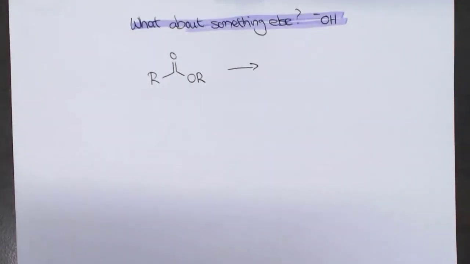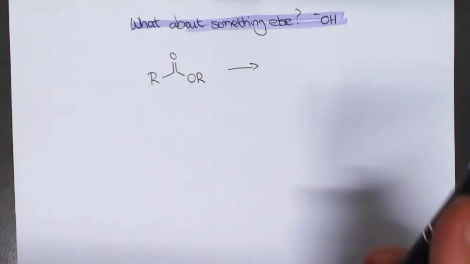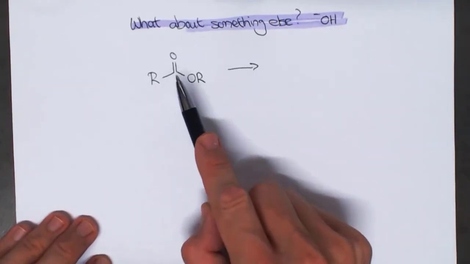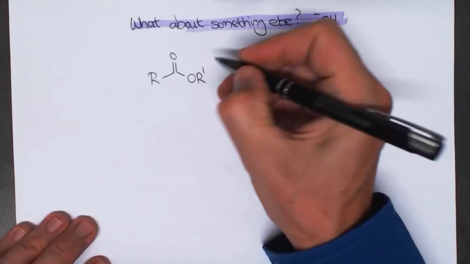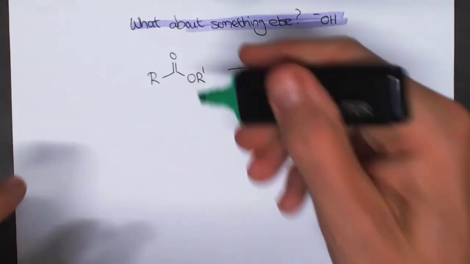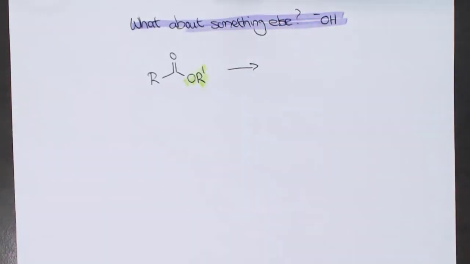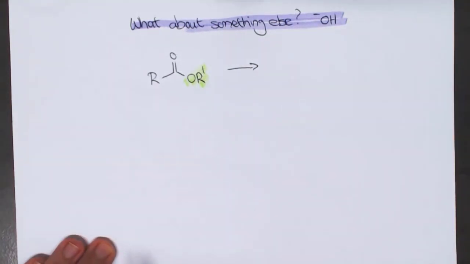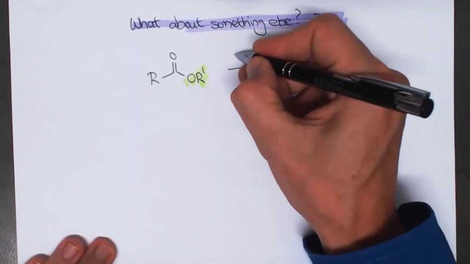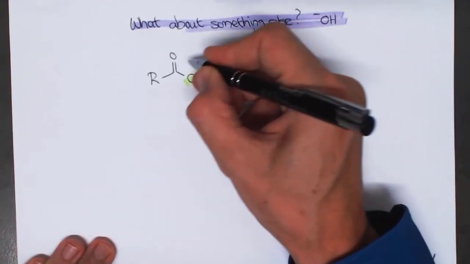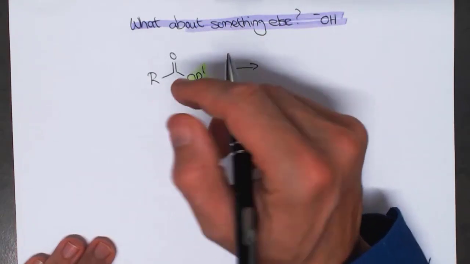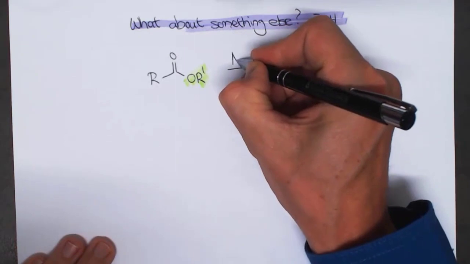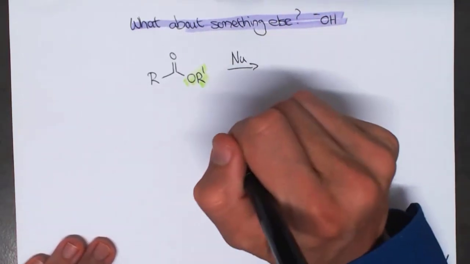So now we come to the question, which is, well, what about using something else? By something else, I mean instead of hydroxide. So if we're to hydrolyze an ester, here's our little example of our ester over here. Here's our so-called leaving group part of the ester that's going to leave and form that alcohol. Under normal circumstances, we were using an OH, and so the negative charge of the oxygen attacked over there. But what if we were using not just an OH, but some other kind of nucleophile?